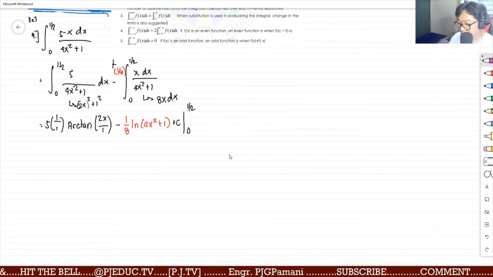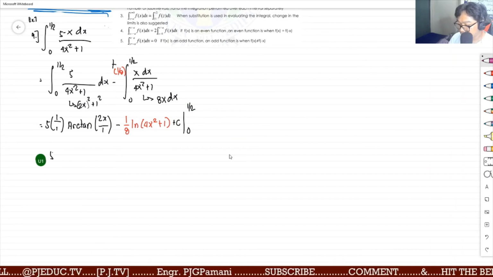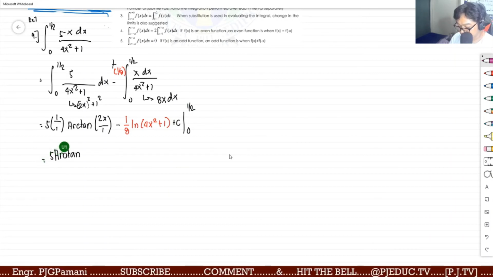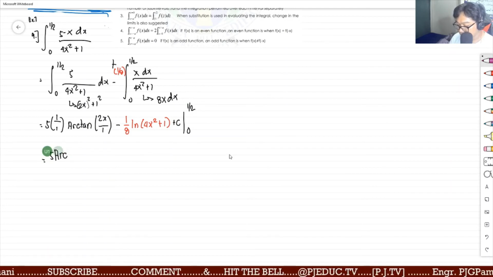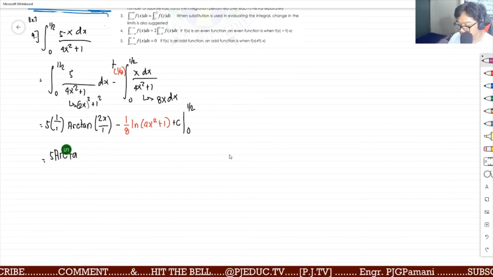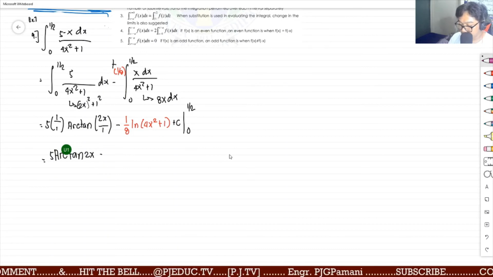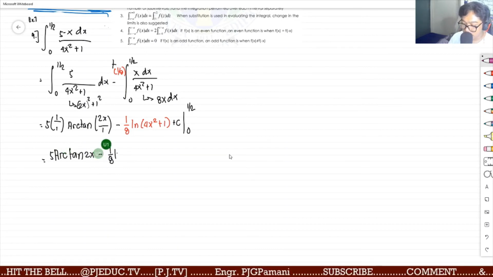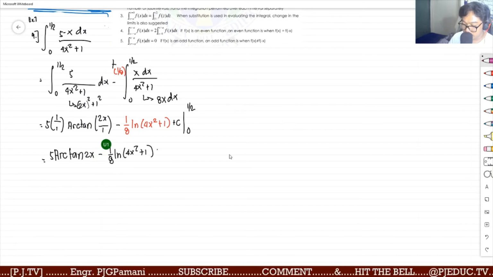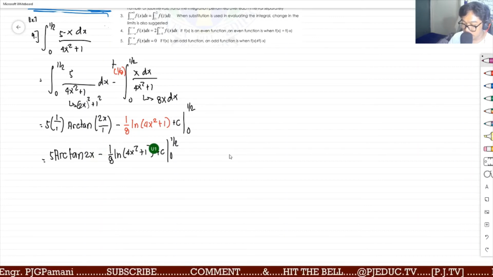And again, apply your limits. Simplify ko na lang muna. 5 arctan of 2x minus 1/8 of ln 4x squared plus 1 plus c of 0 to 1 half.